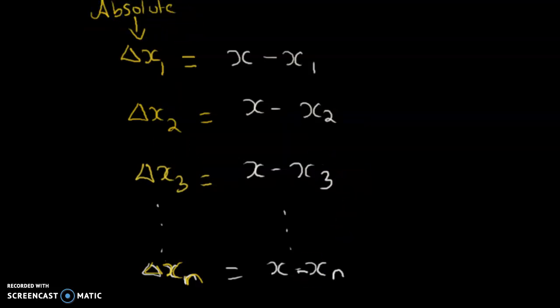Okay, now there is one more term, mean absolute error. Think yourself, what would be the mean absolute error? Just the mean of all the individual absolute errors. It is represented with delta x. So just take the mean of all the absolute errors.